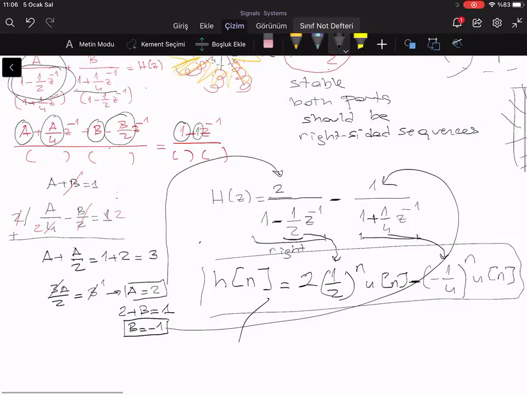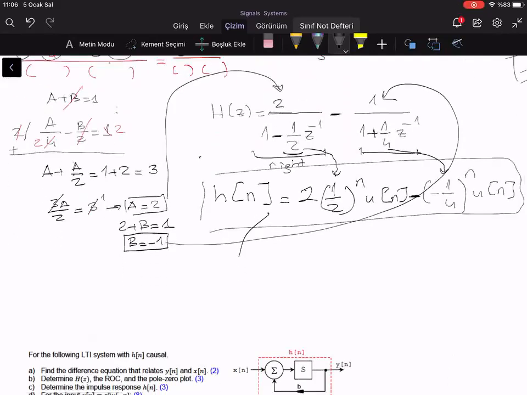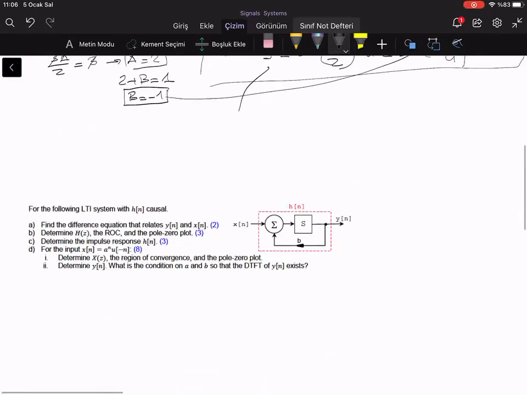Okay, what is the next question? For a given y of n, I want you to find out x of n. Let me write y of n here. Let me carry this down.